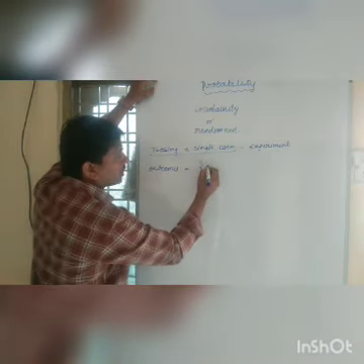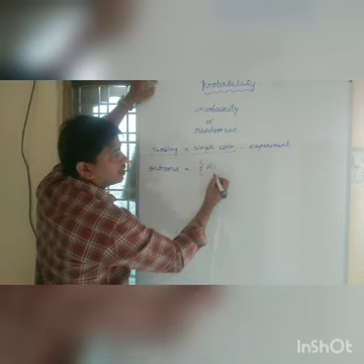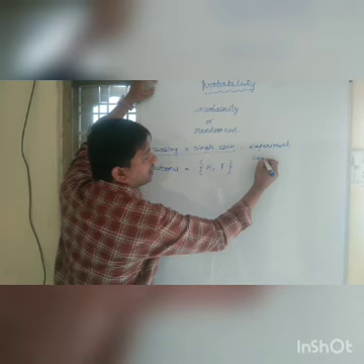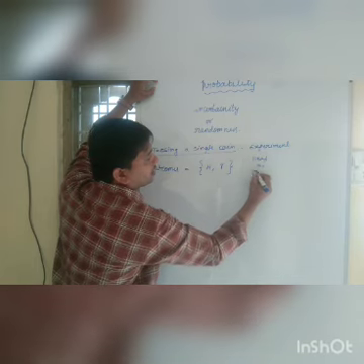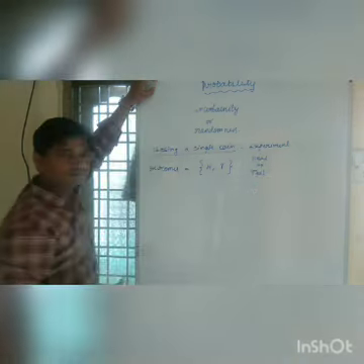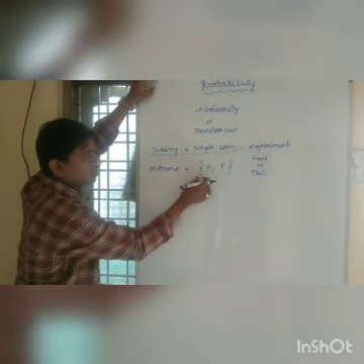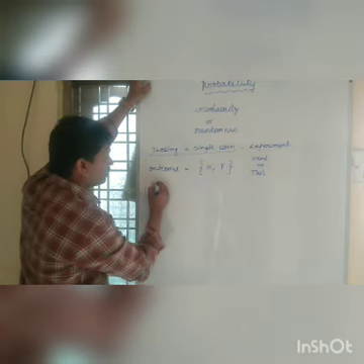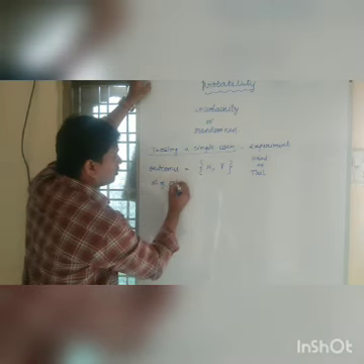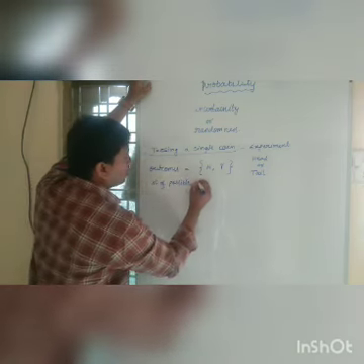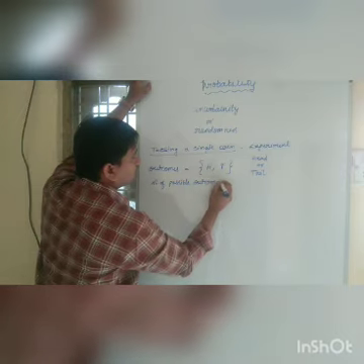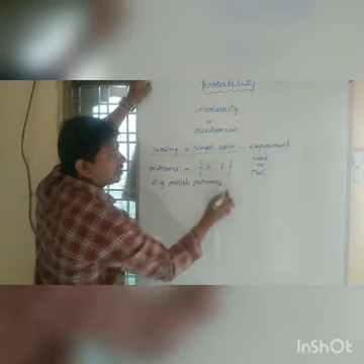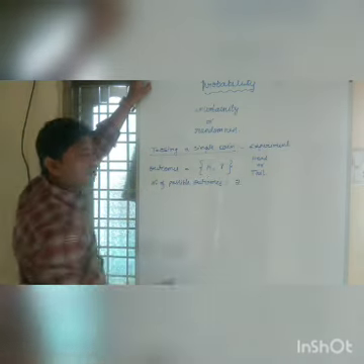Either you may get head, H-E-A-D, or you may get tail. These are the possible outcomes. Here the number of possible outcomes are two: one is head and the second one is tail. So the total number of outcomes is 2.